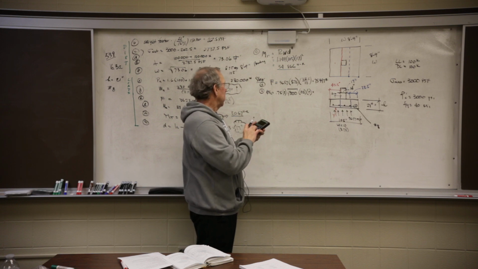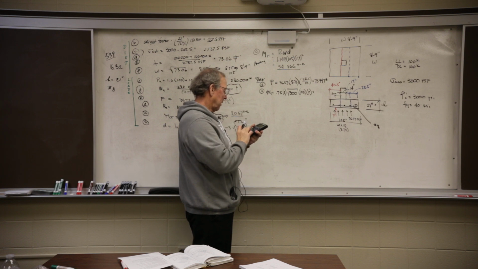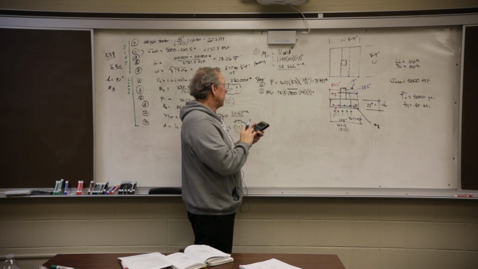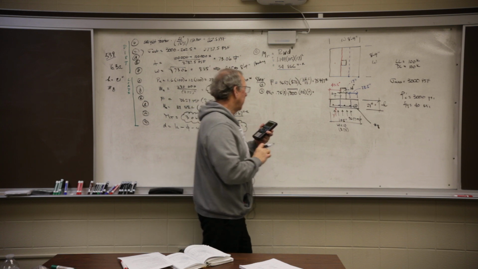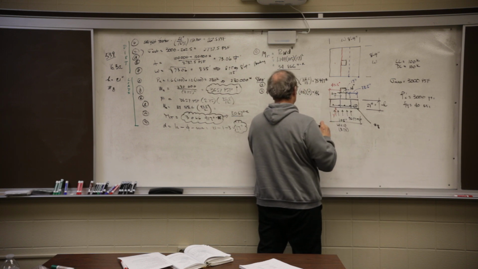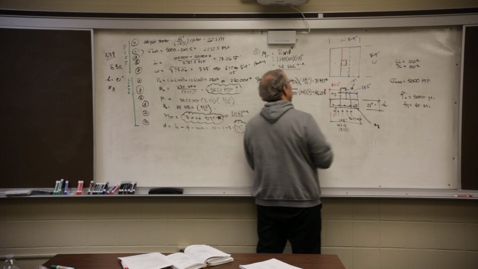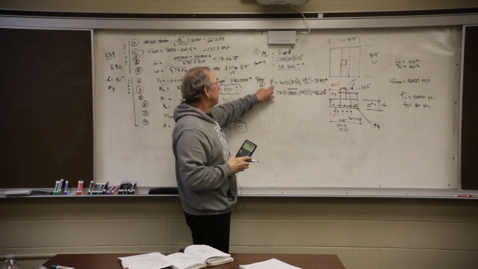So that's clear. 0.75 times 2 times the square root of 3,000 times 105 times 17 gives me 146,653. Actual, allowable.